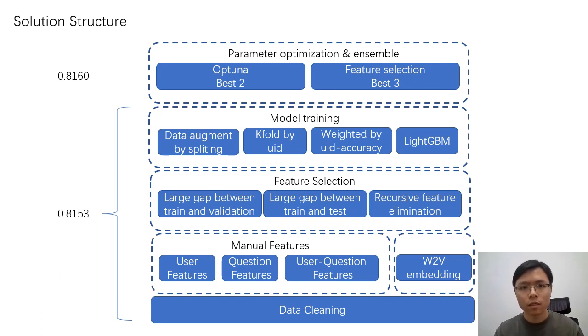Furthermore, due to the lack of time, we only use that GBM model. Other models like XGBoost or TabNet using manual features may also lead to improvement, but we don't have enough time to try.